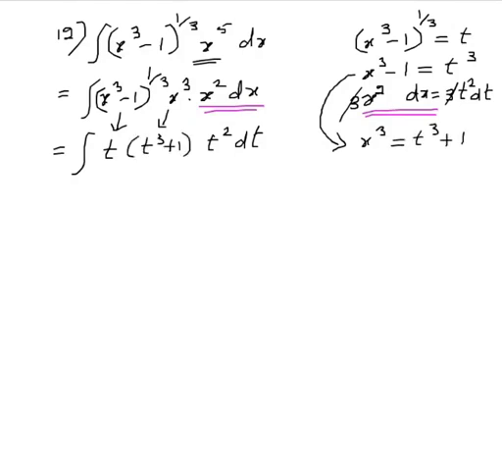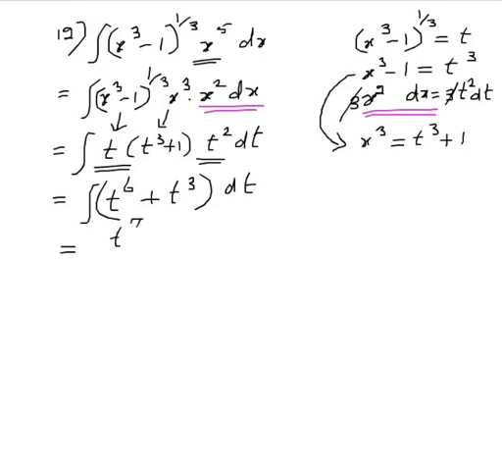Let us open the brackets. t³ into t³ is t raised to 6, plus t³ dt. We have t here and t², so we need to multiply with t³.